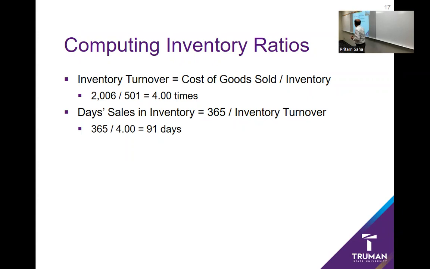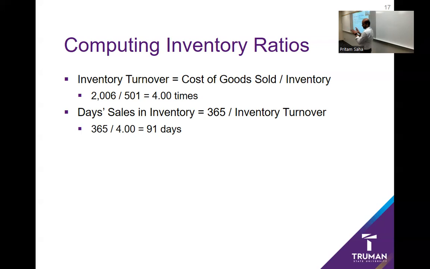Make sense? For the turnover, higher is better; for days, lower is better because you're completing the whole cycle in fewer days. So these two ratios basically estimate the efficiency of your production cycle process from inventory to sales.